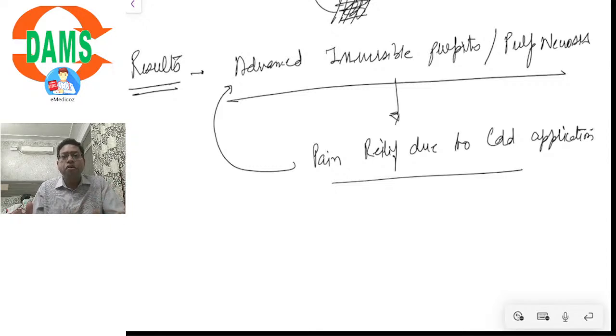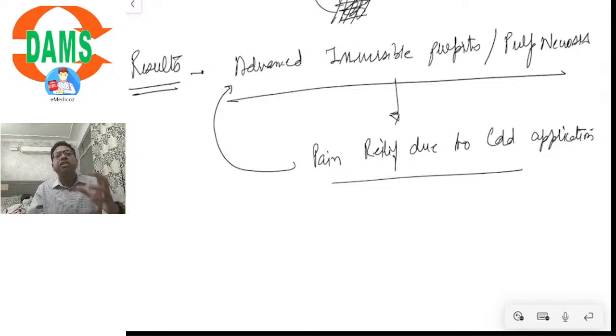The patient's pain is gone. Why is the patient's pain gone? Because the patient was having advanced irreversible pulpitis or pulp necrosis. The pulpal pressure was markedly increased, which was causing throbbing pain. Whenever something cold is applied, the pressure plummets, falls down, and the patient gets relief from the pain.